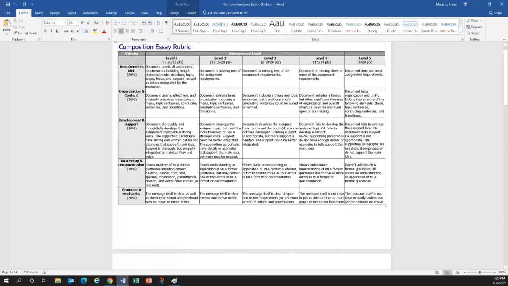MLA setup and documentation. This is the MLA format. And this is why we have to learn the dreaded MLA format. I hate it. Sometimes I get a well-written essay that doesn't adhere to an MLA format at all, and I have to start that person at an 80, even if their essay is really good. So you could write the best essay in the world and hand it in without any MLA format, and you would get an 80 on that essay.